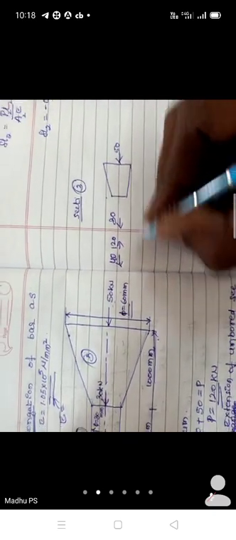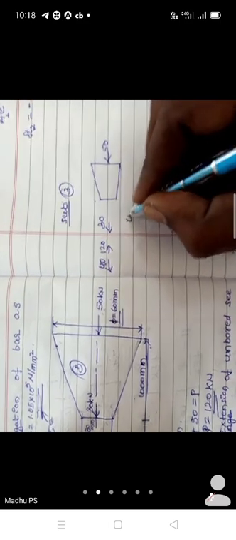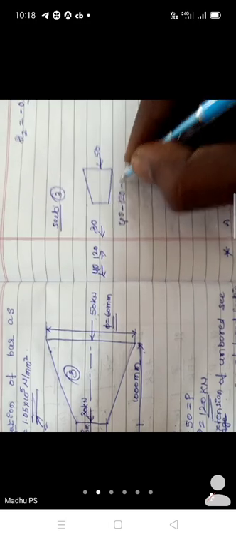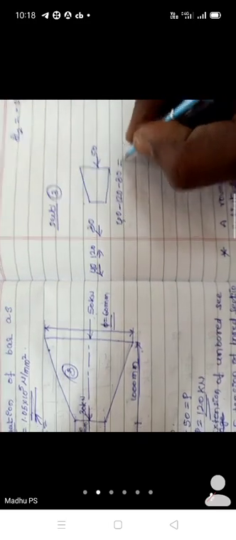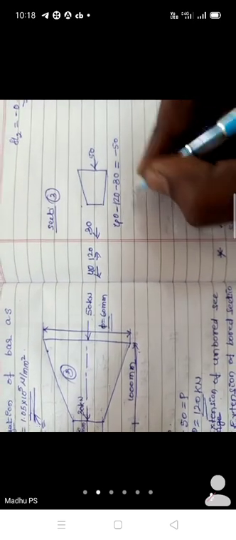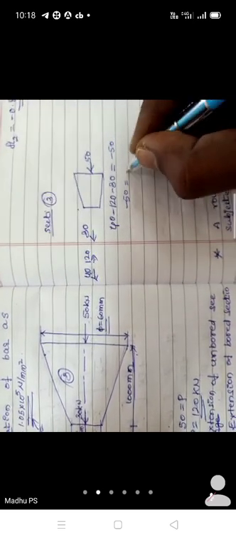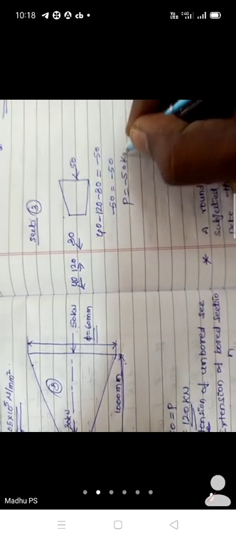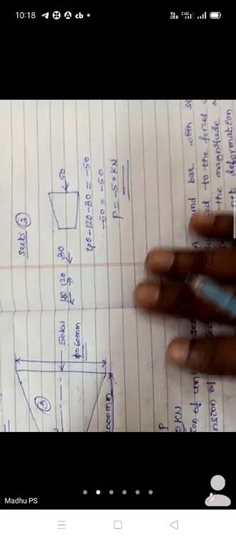Then calculate the effective load: tensile 40 plus 40 minus 120 plus 30, which is equal to, with the compression load, minus 50. Then P is equal to minus 50 kilonewton. That is your effective load.